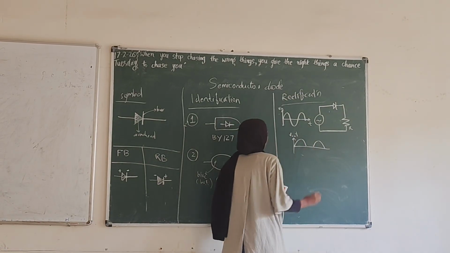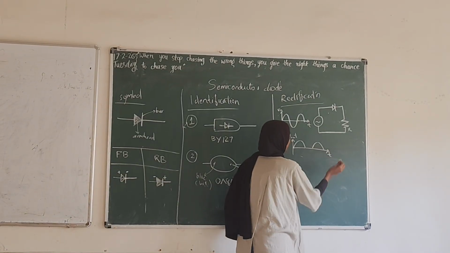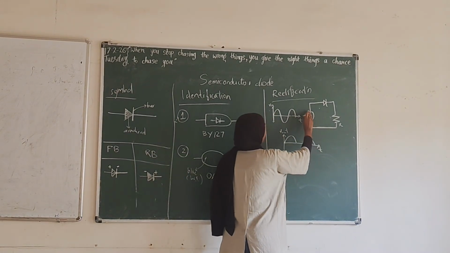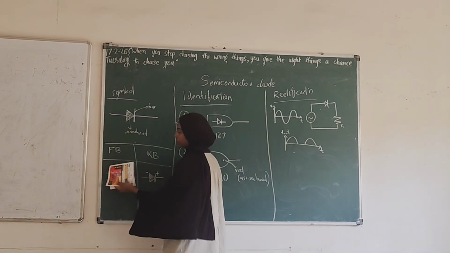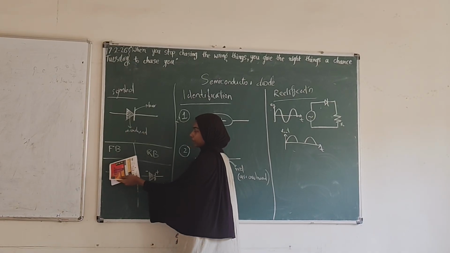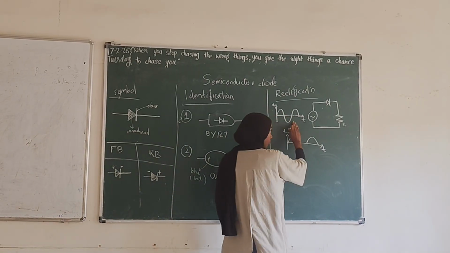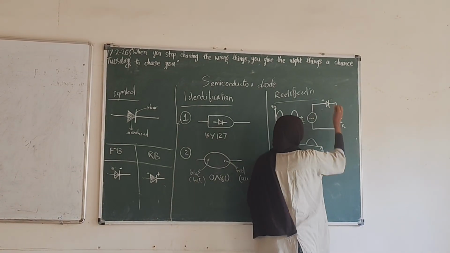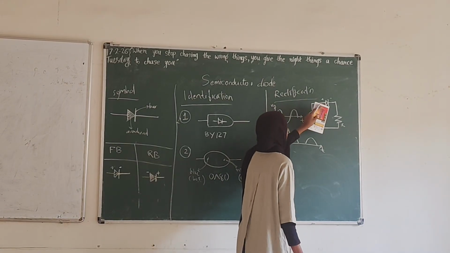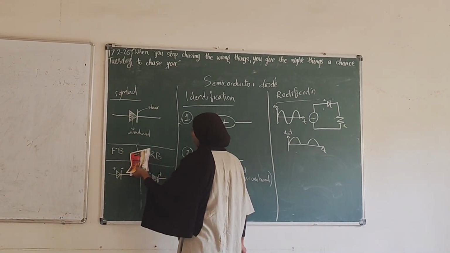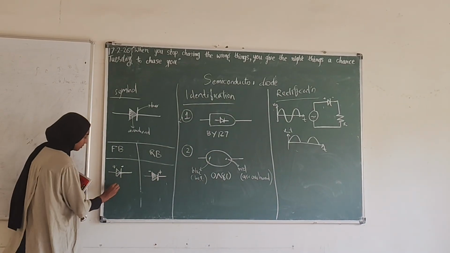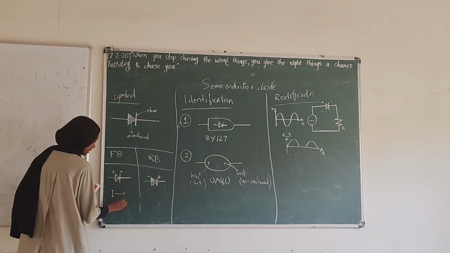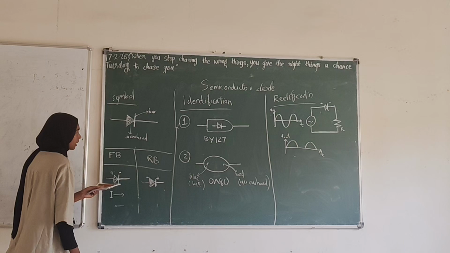I will explain. During the positive half cycle, as we have told already, if the positive terminal is connected to the arrowhead, the arrowhead gets a positive sign and the bar a negative sign. So during the positive half cycle, it is forward biased. In forward bias, current is allowed to pass in this direction and opposed in the other direction.